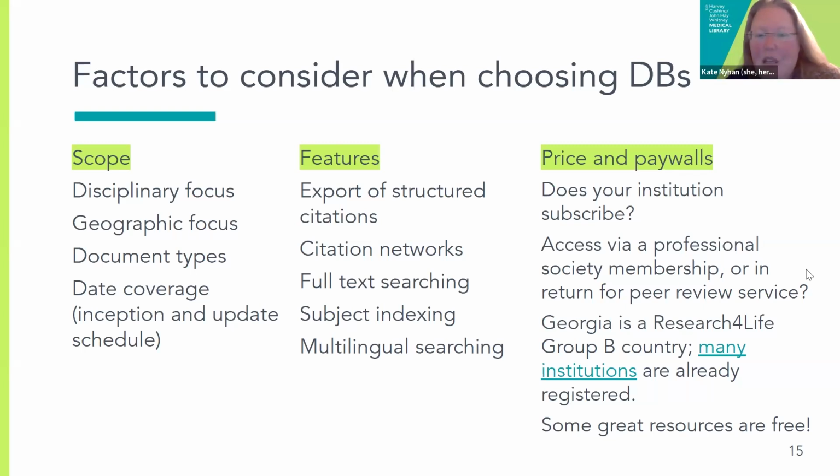I might decide I want a database with citation network so I can see the relationships between papers. I might want the feature, which is not available in every database, of being able to search in the full text of the paper.